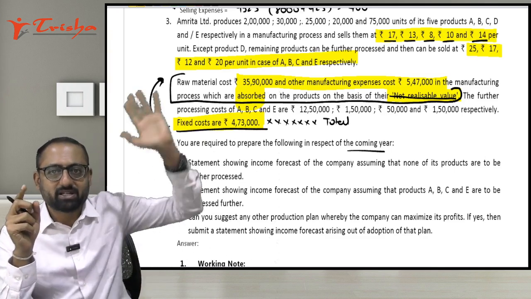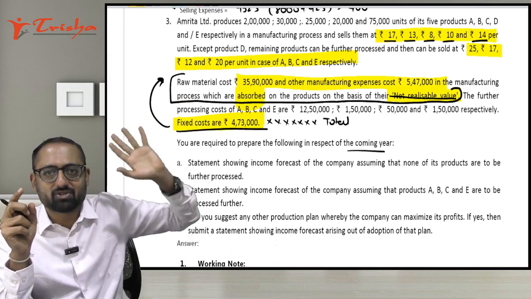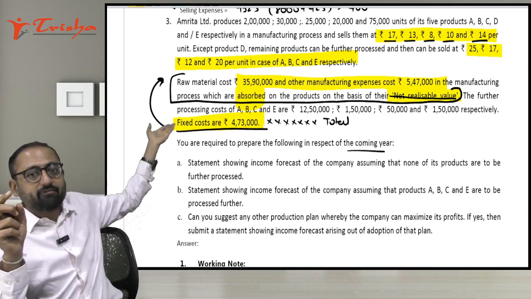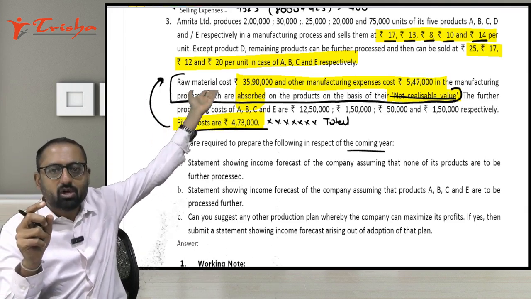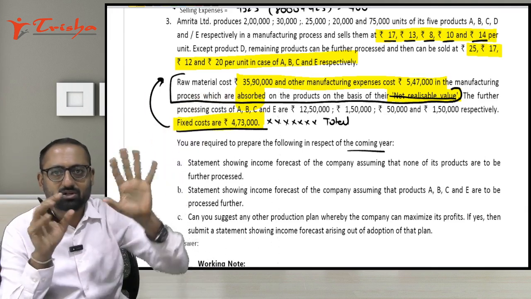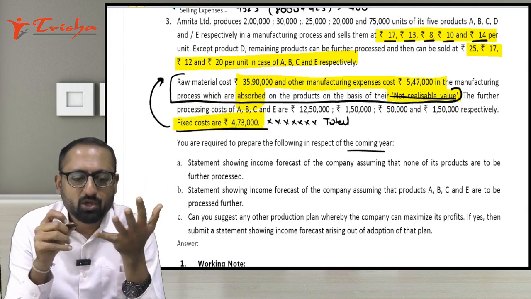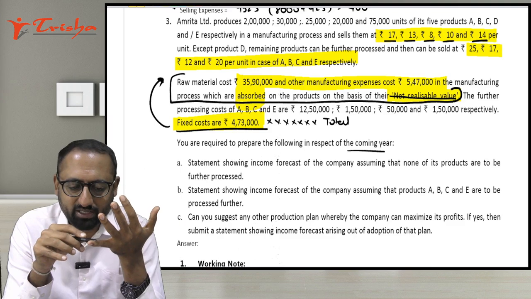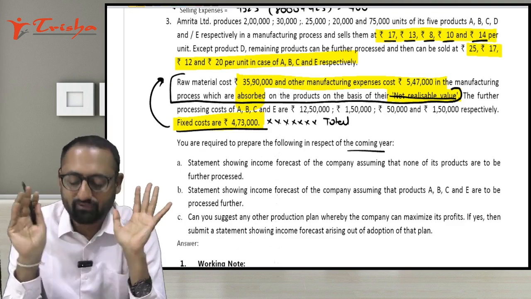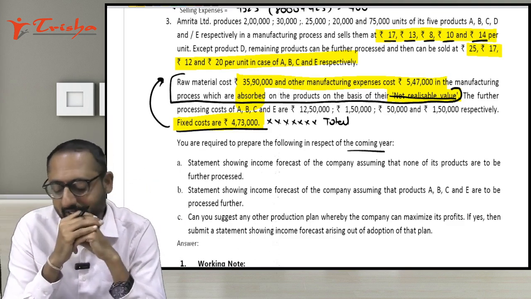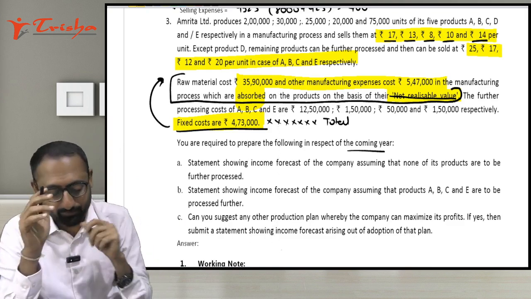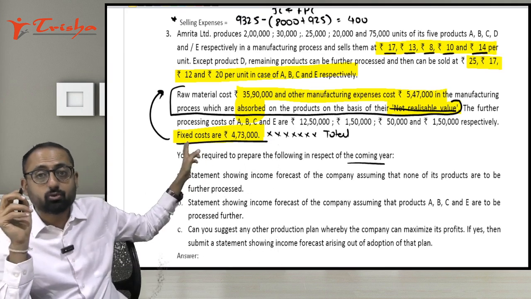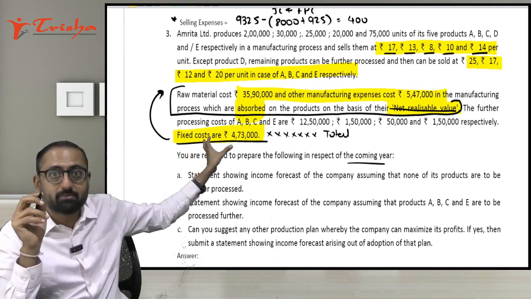If profit percentage is not given, and variable cost and fixed cost are not given separately, then don't assume that fixed cost is given separately. No, guys, this is not the case. So if profit percentage is not given, then you'll have to apply sales value at split off. But in this question, they have specifically given the NRV method. Also, the statement shows that fixed cost is not to be allocated. Hence, the contribution margin method is not applicable here.